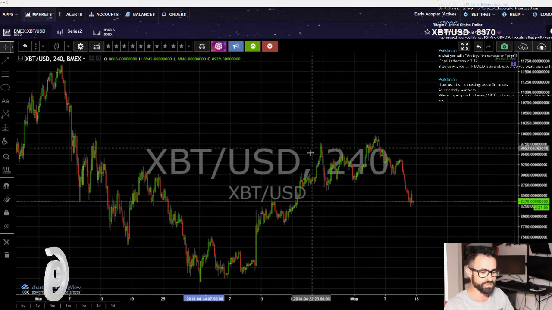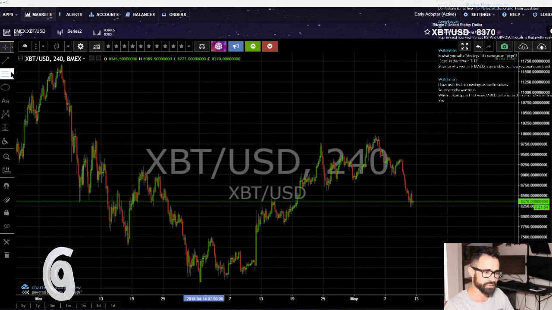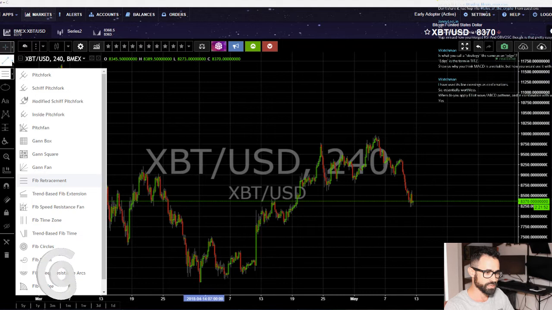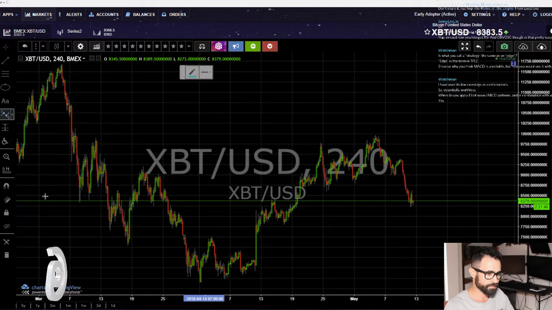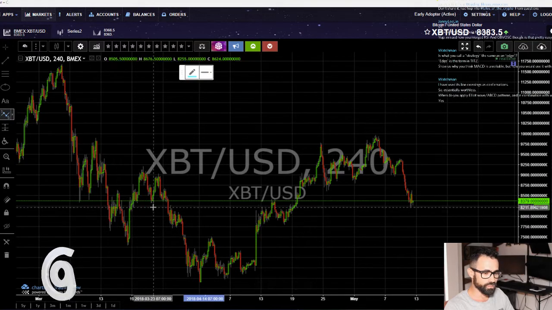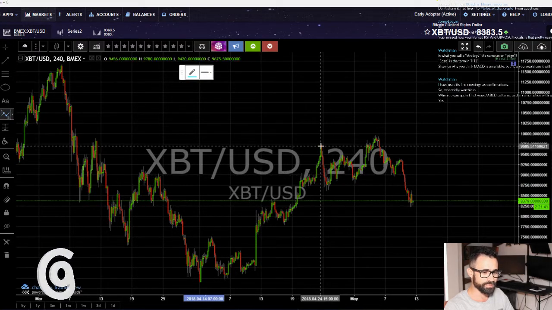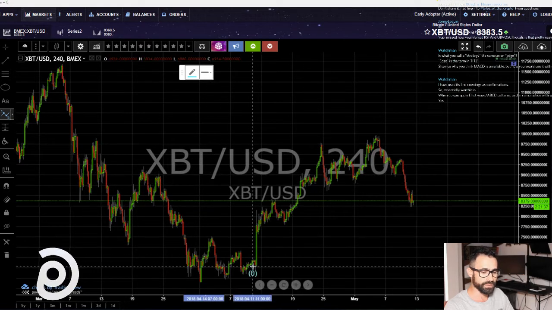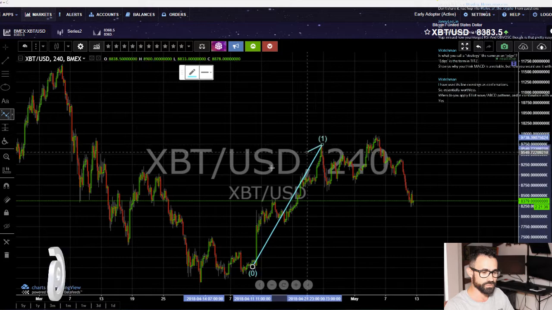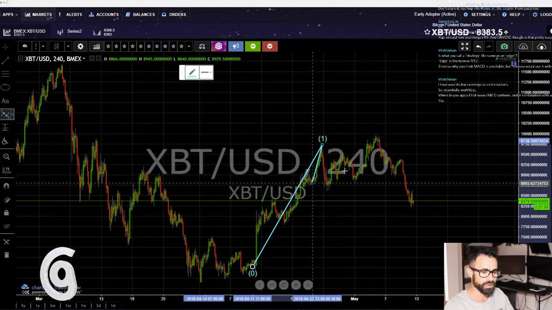So if this was an Elliott wave based on this current time frame, wave 1 has to peak above the previous high, right? So if this was our 0, this would be our 1 because we beat that high.